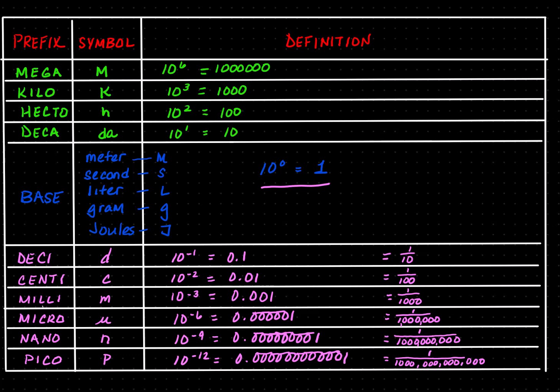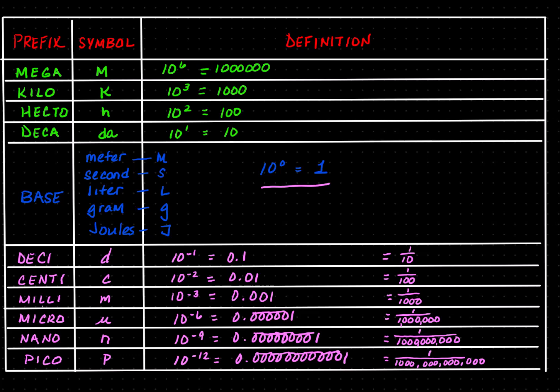Going smaller, deci is a small d, is 10 to the negative 1 or 0.1 or 1 over 10. Centi is c, 10 to the negative 2, which is equal to 0.01, which is equal to 1 over 100.